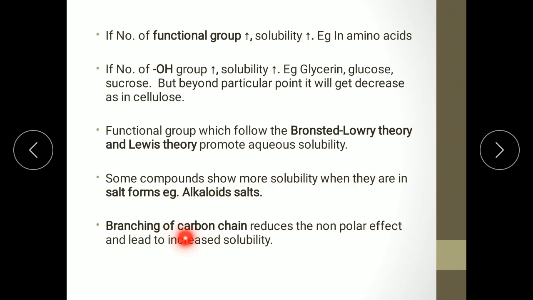Now branching of the carbon chain reduces the non-polar effect and leads to increased solubility.